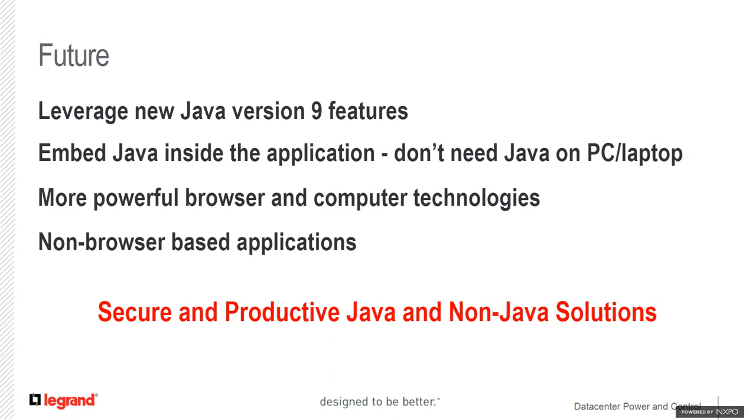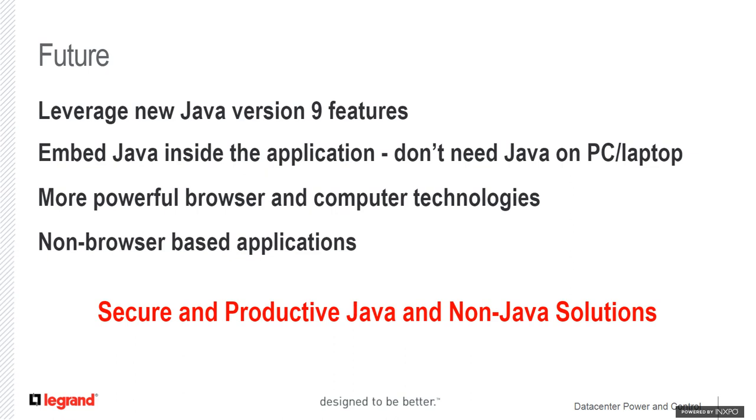Okay, so in the future, Java continues to evolve. Java 9 is the new Java version, with more security and more capability. The trend there seems to be to embed Java inside the application, so you don't need to install it on the PC. We can use it as developers as a programming language and environment.